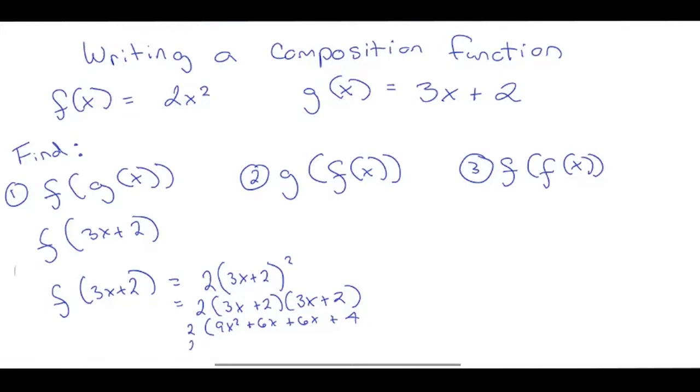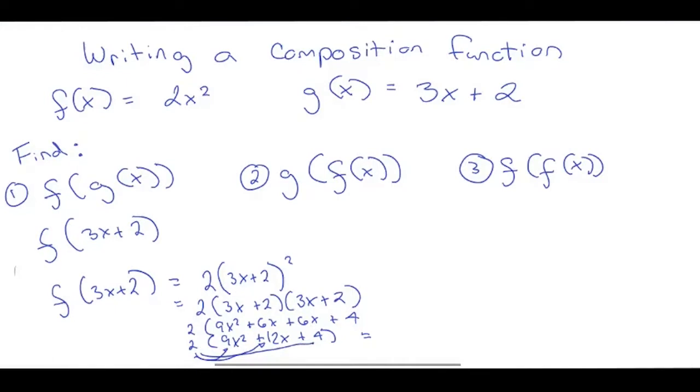Then I have 2 times 9x squared plus 12x plus 4. All right. And now I can do distributive property with that 2 and multiply everything in that parenthesis by 2.